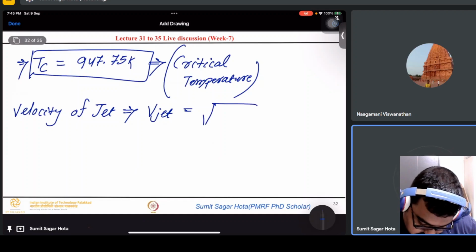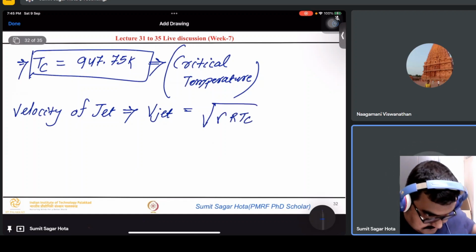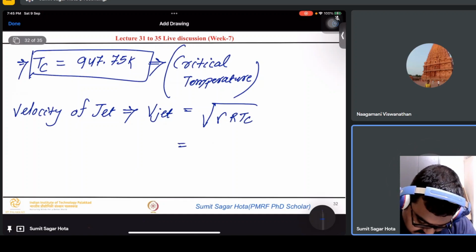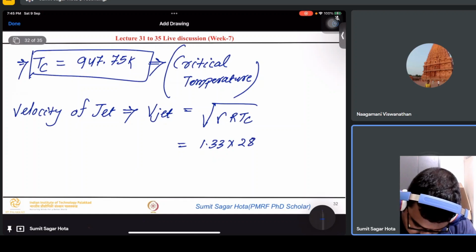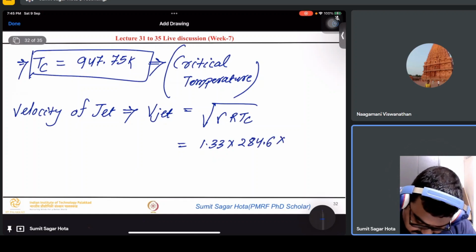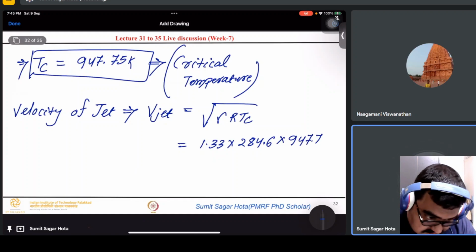Square root of gamma r TC. What is gamma? 1.33. What is r? For gas, not air, don't confuse. TC we found as 947.75.